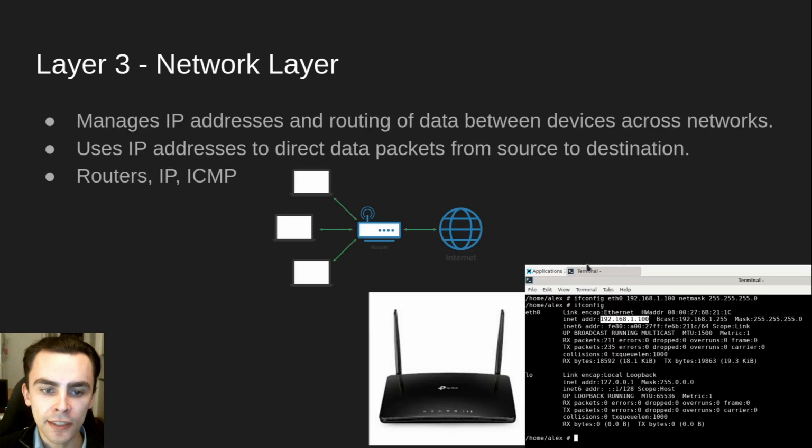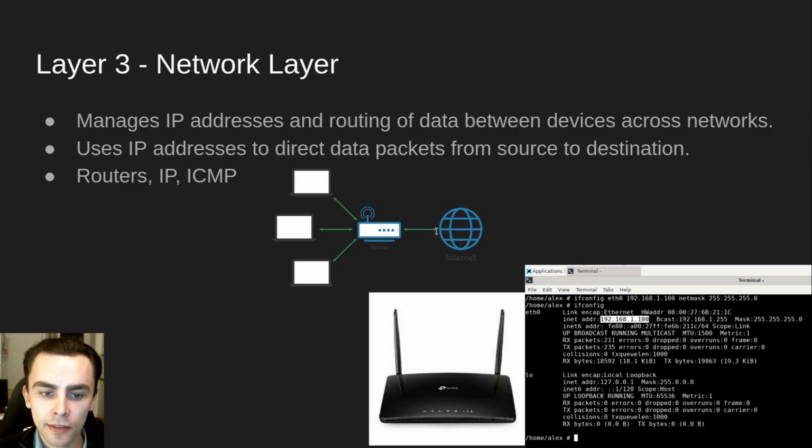Layer 3, the network layer. The network layer is used by routers to ensure that data gets transferred to the correct destination by using IP addresses. IP address means Internet Protocol address. Whenever a device successfully connects to a network, a unique IP address will be assigned to it.